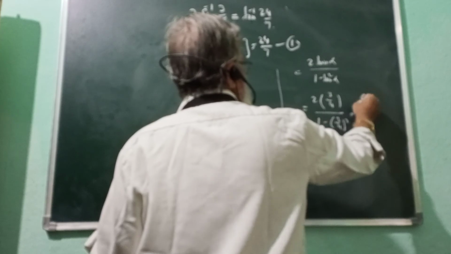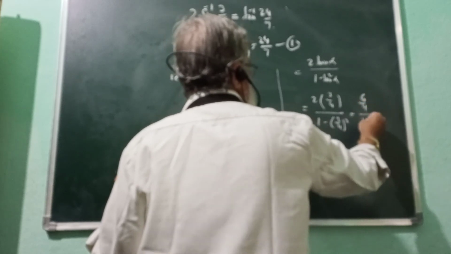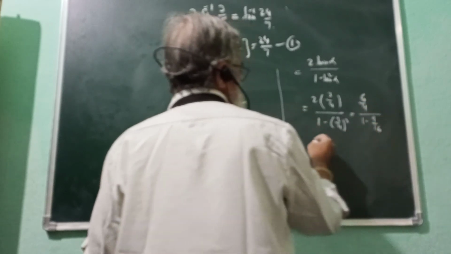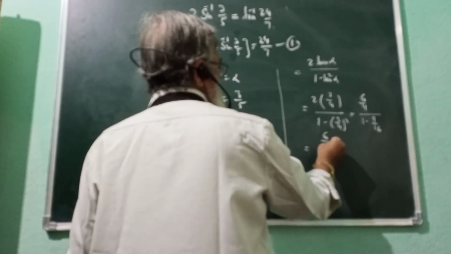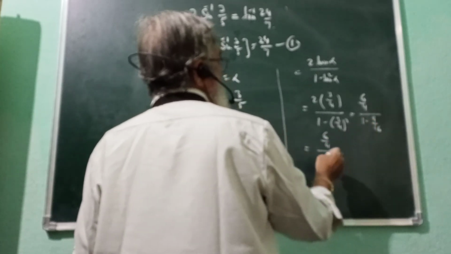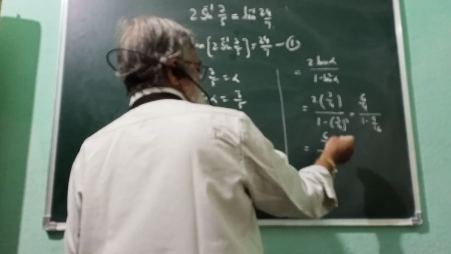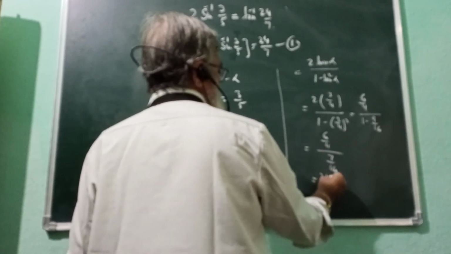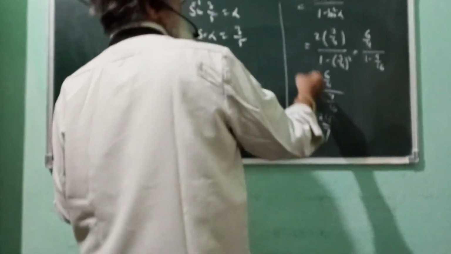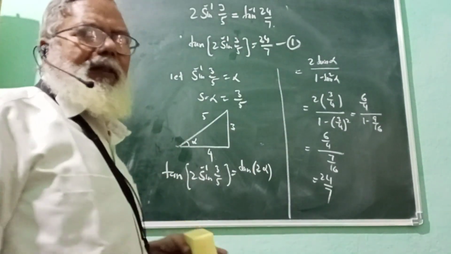Simplify. 6 by 4 over 1 minus 9 by 16. That is 6 by 4 over 16 minus 9, that is 7 by 16. And by simplification we get 24 by 7. That is the required answer for the given problem.